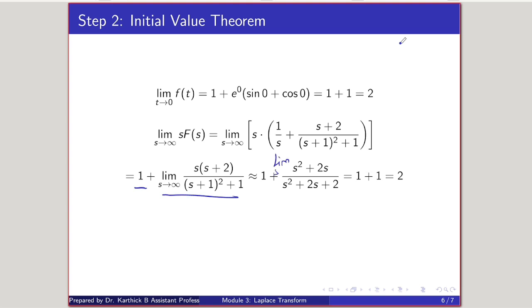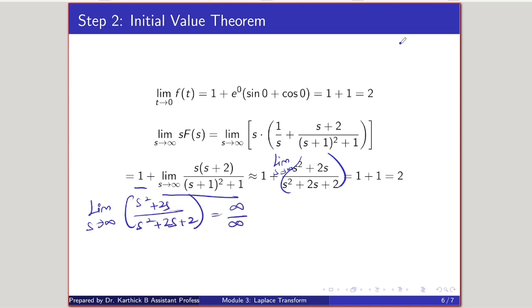While taking the limit s tends to infinity of this term, if I substitute infinity for s, I will get infinity by infinity. The limit of any constant value is the constant again, so the limit of 1 will be 1. But for this term I am getting infinity by infinity. How do we solve this? We have to use L'Hospital's rule.